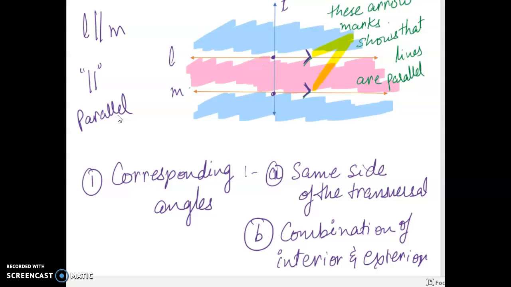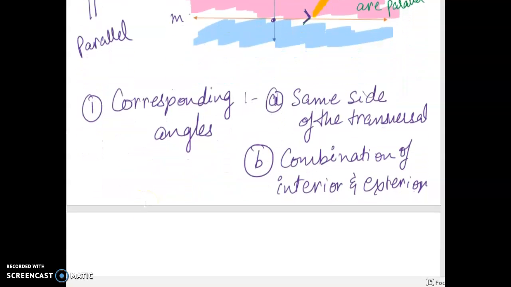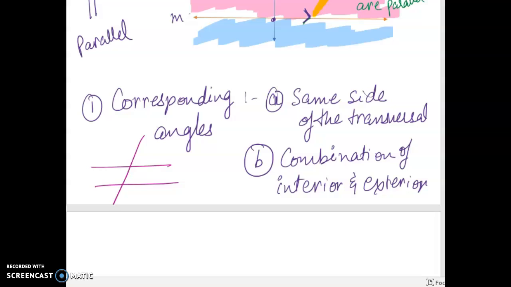This is the interior part. Now, corresponding angles are on the same side of the transversal. So if this is the transversal, same side means either on the right hand side or on the left hand side, and a combination of interior and exterior angle.